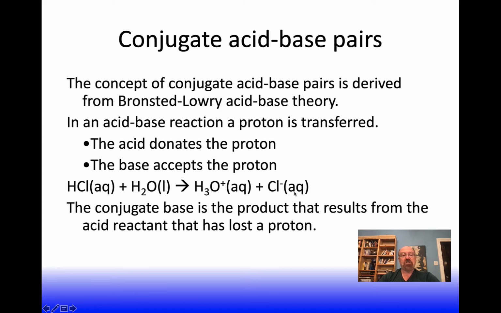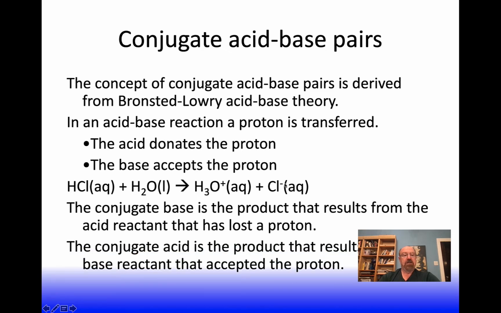And what's left is the chloride ion, so that's considered a conjugate base. The conjugate acid over here is the product that results from the base reactant. So here's your base. It accepted a hydrogen, so this now becomes the conjugate acid. And I'm going to show you a much easier way to think about this in a minute.